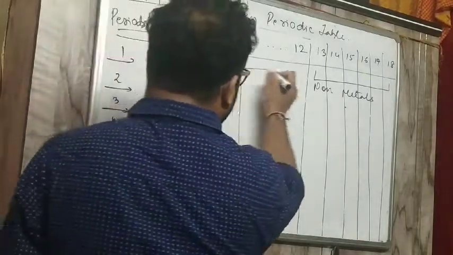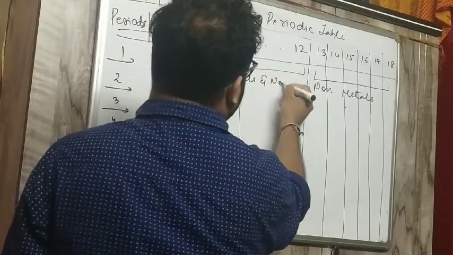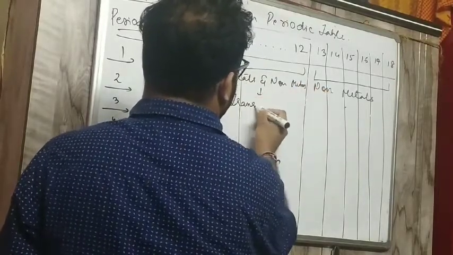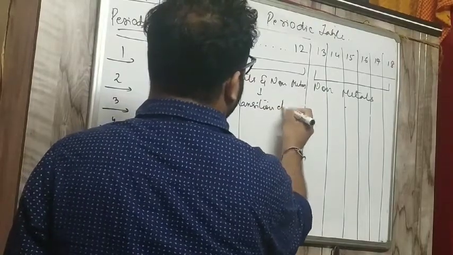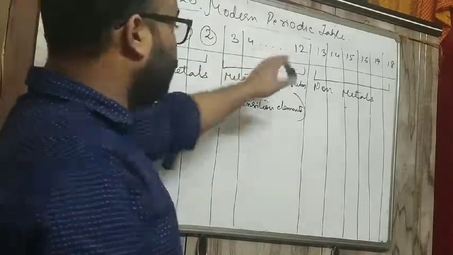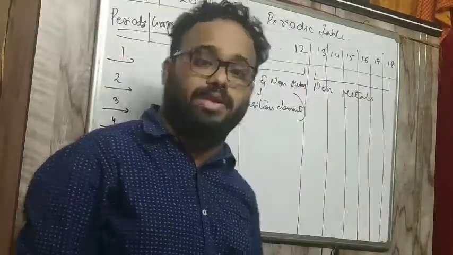Group 3 to 12 has both metals and non-metals, and hence they are called transition elements. Group 3 to group 12 are called transition elements.